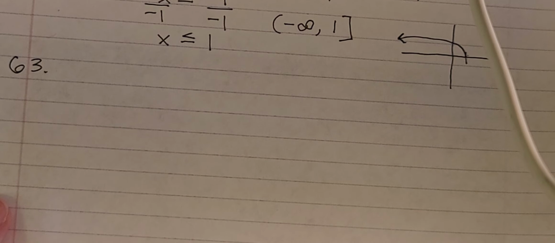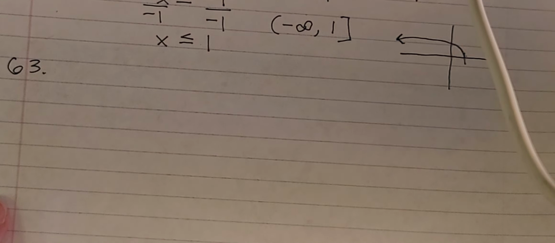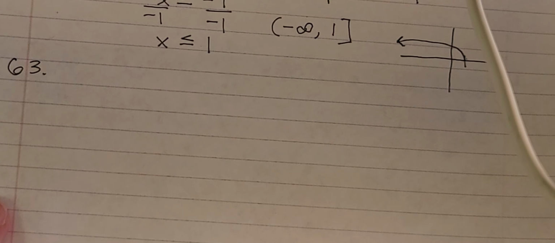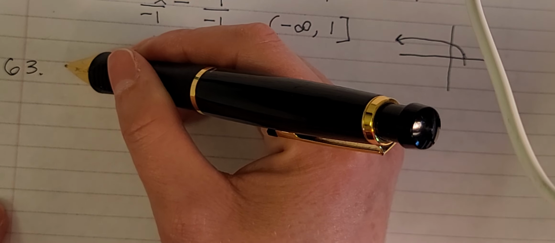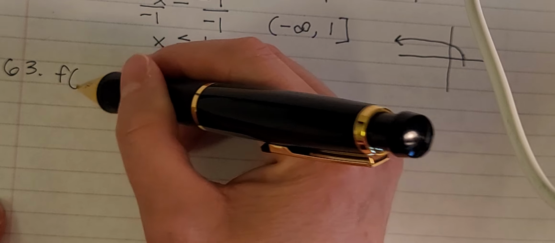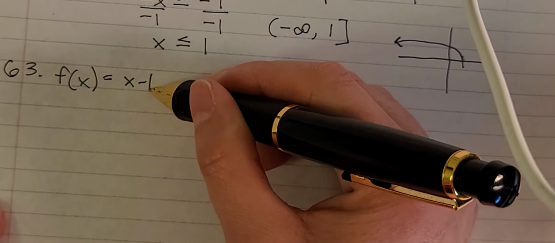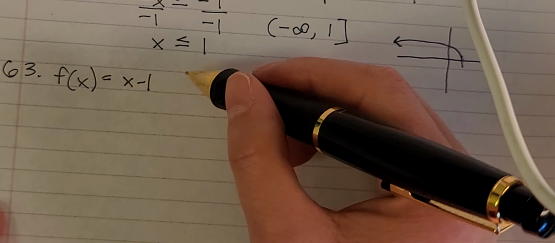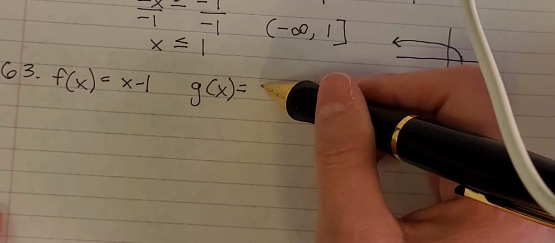We're going to look at d and g. Okay, so 63, they give you f of x equals x minus 1, and g of x equals 2x squared.